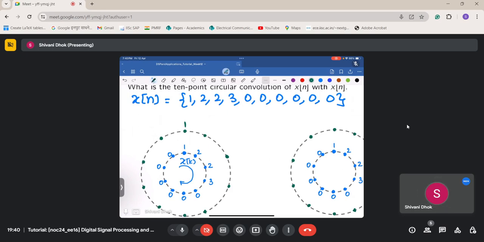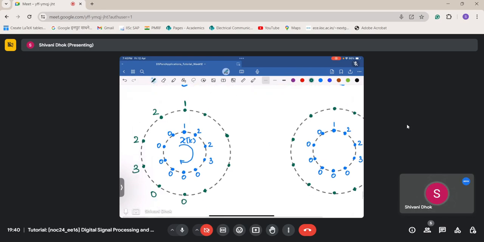Then I'll write the signal in the opposite direction like this, and I'll add zeros otherwise. And now I'll again do element by element multiplication. So this 1 will get multiplied with 1, this 2 will get multiplied with 0, 0, 0, 0, 0, 0, 3 into 0, 2 into 0, and 2 into 0.